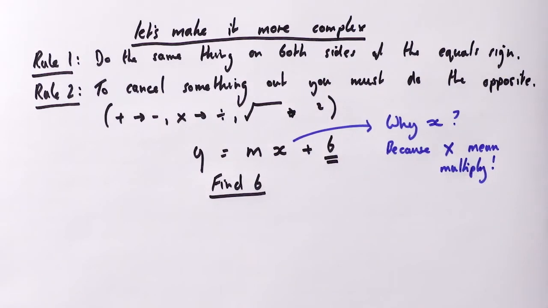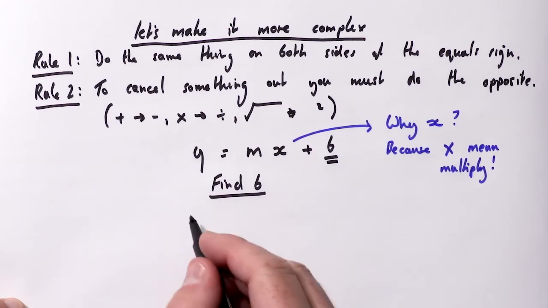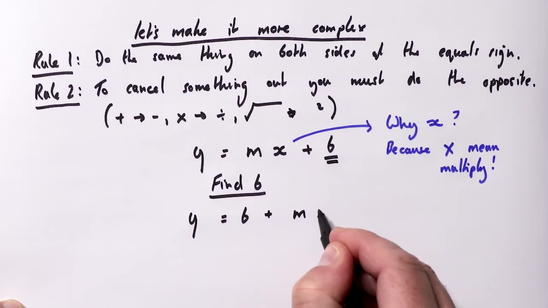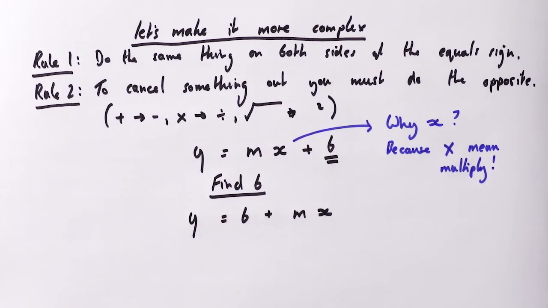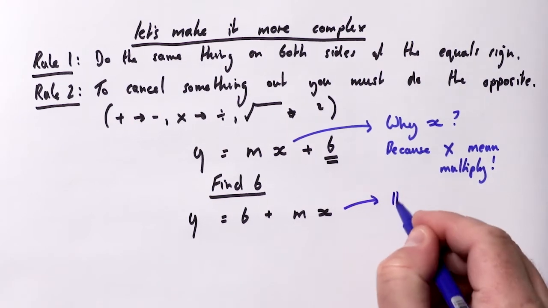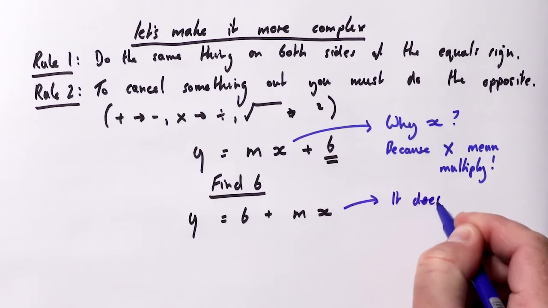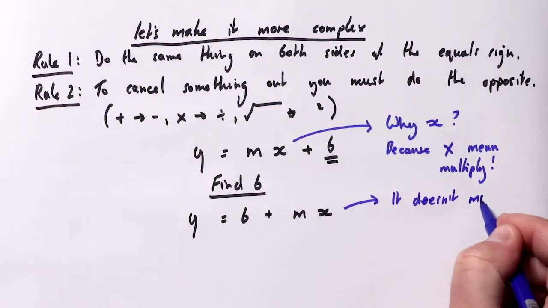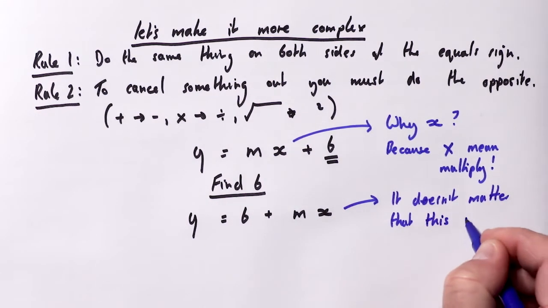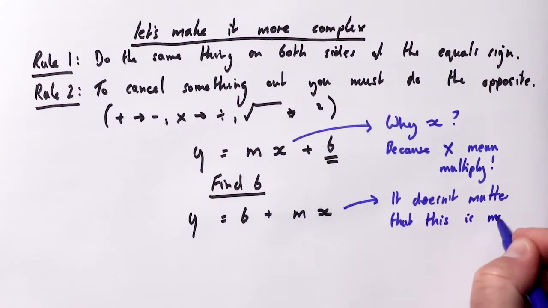So to start off with, I'm going to write out my equation in a different way. I'm going to start by saying y equals b plus mx. So remember, it doesn't matter that this is moved around.